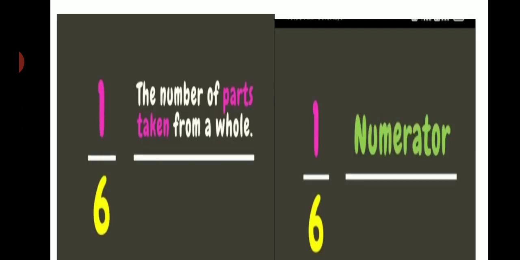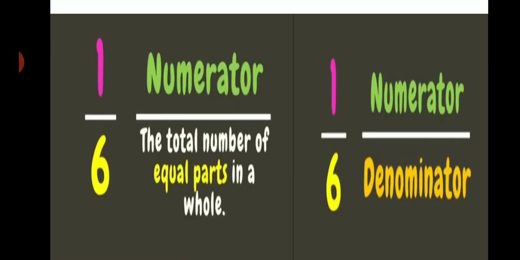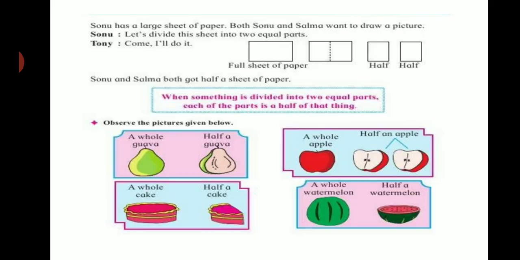Numerator means the number of parts taken from a whole, and the total number of equal parts in a whole is called the denominator. So, here we can see an example.